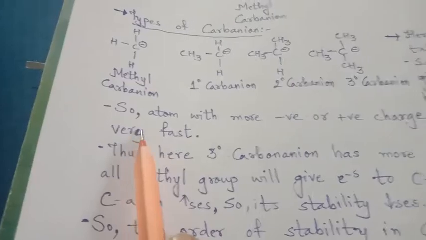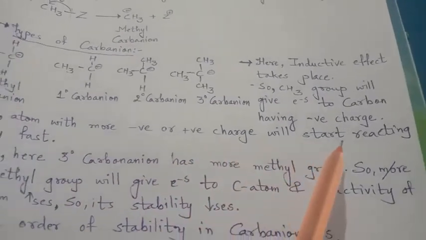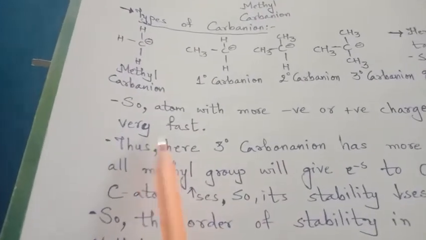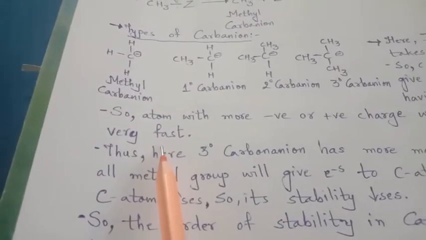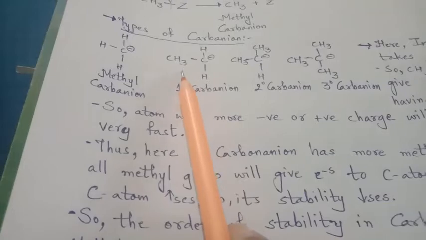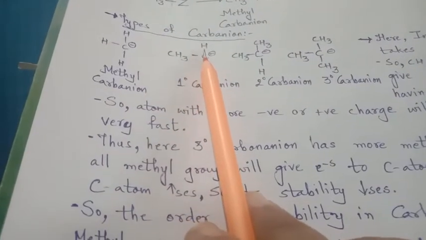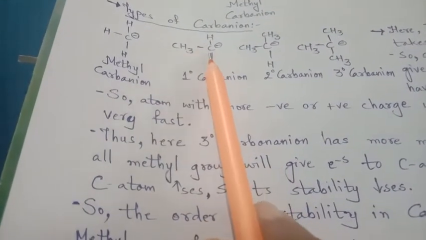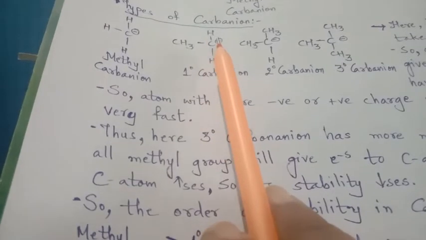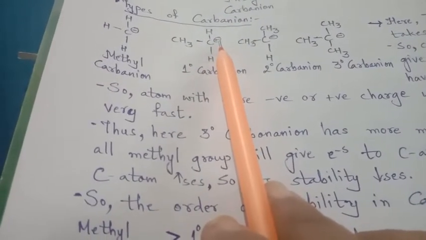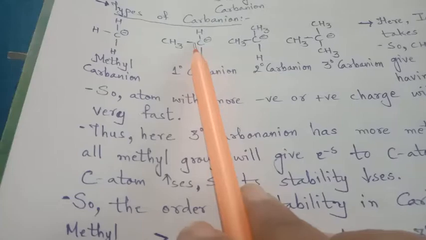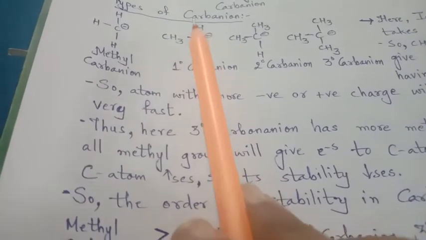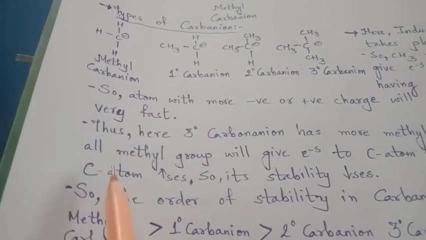And so an atom with more negative or positive charge will start reacting very fast. As the methyl group is ready to give electrons to the carbon, because of the negative charge present over here, attraction will take place and so the reaction will also take place very fast.